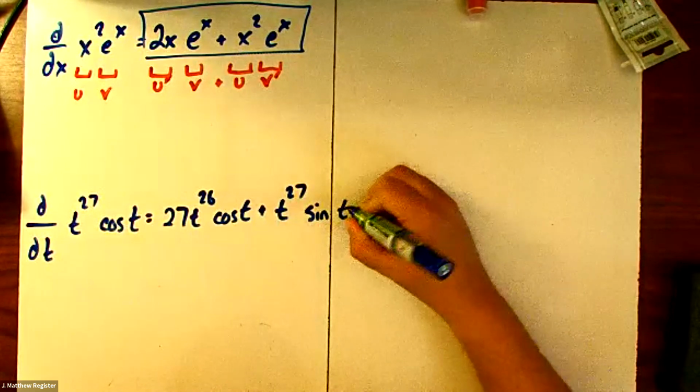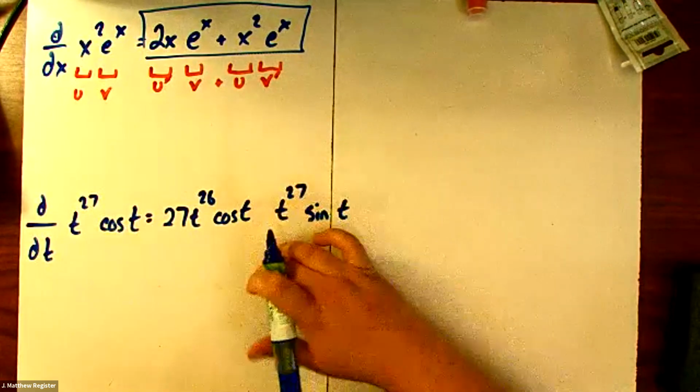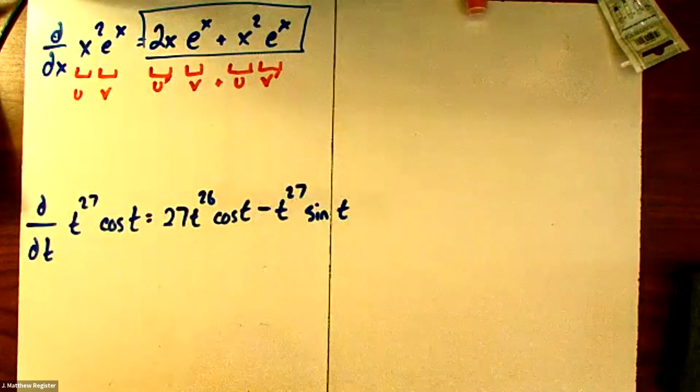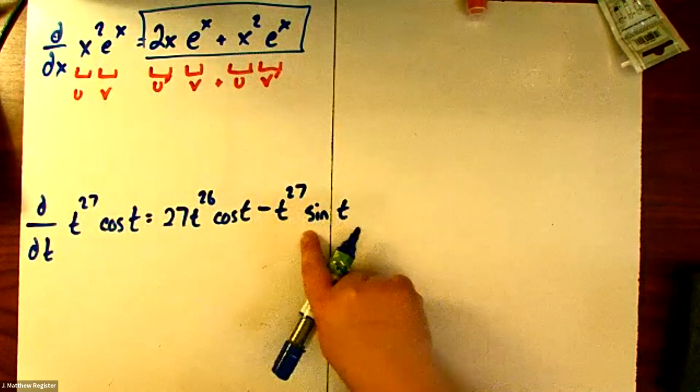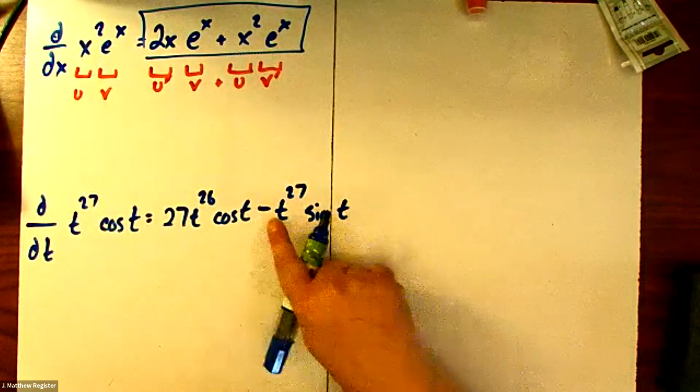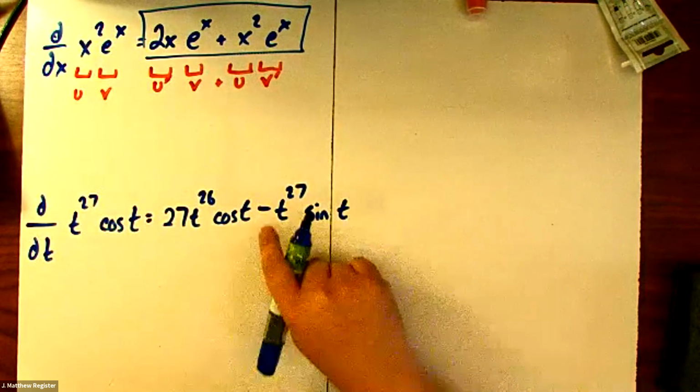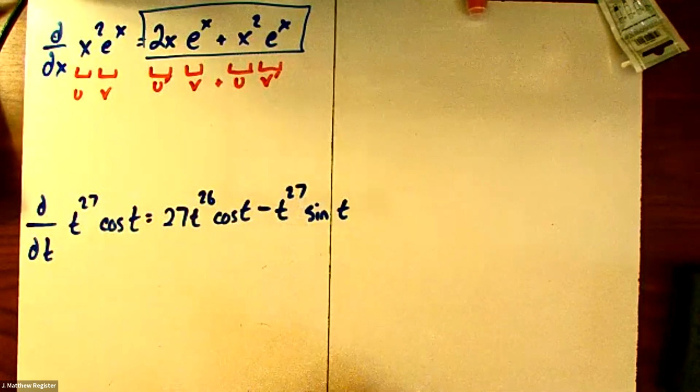The way I usually write that is I'll put the sine here, and then I'll put the minus sign over here. You really wouldn't want to put the minus in between the t to the 27th and the sine, because then it might look like you're subtracting them. Moving the minus sign to the front makes it a little nicer.